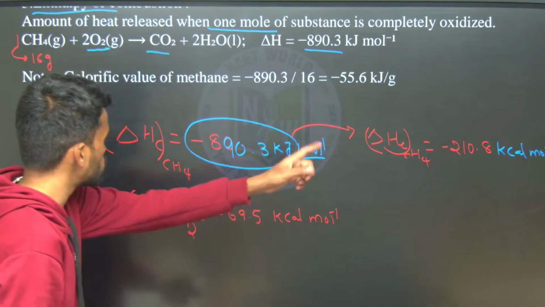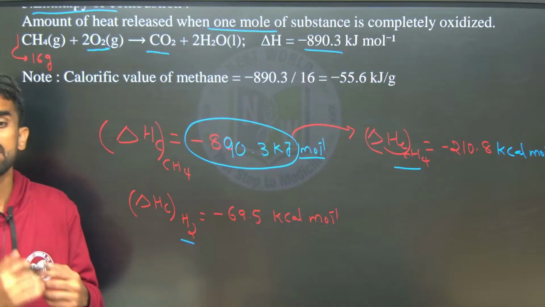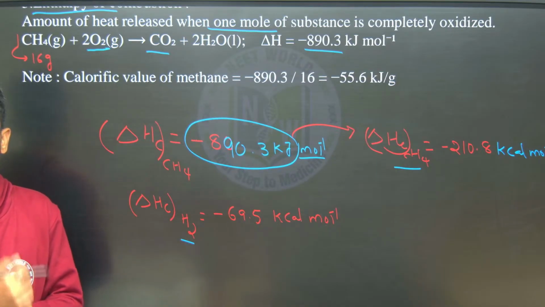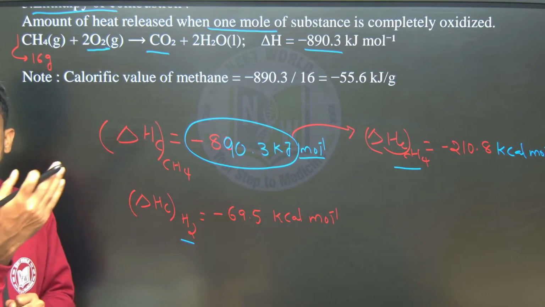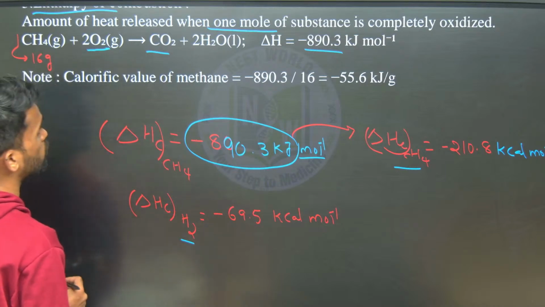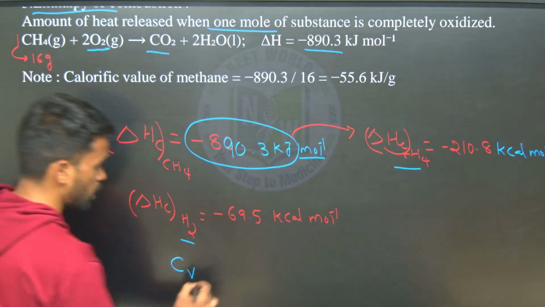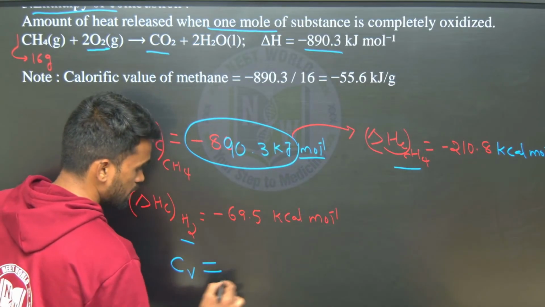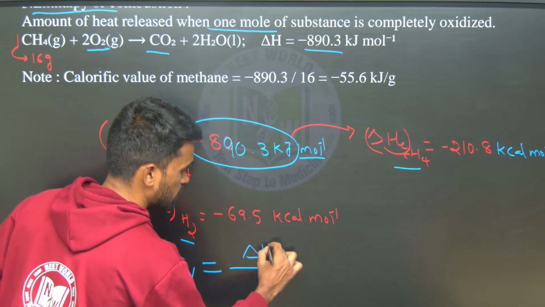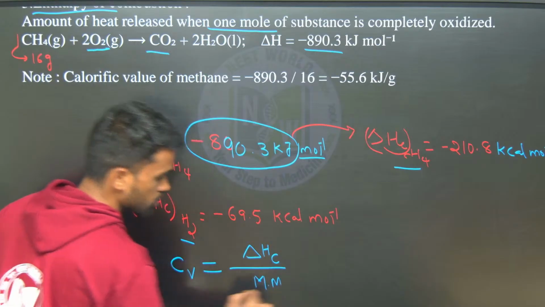Now out of these two fuels, methane and hydrogen, which is the efficient fuel? The one having more calorific value will be considered more efficient. How can we calculate this calorific value? Calorific value, CV, of a substance equals the heat of combustion of that substance divided by its molar mass.